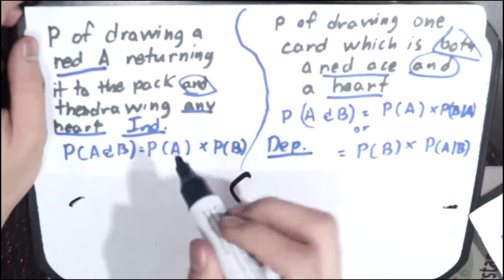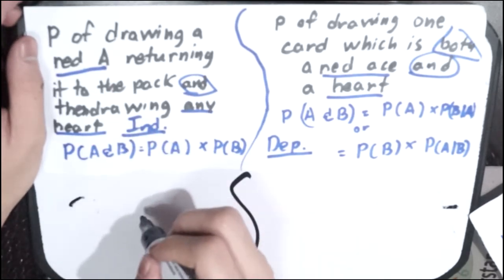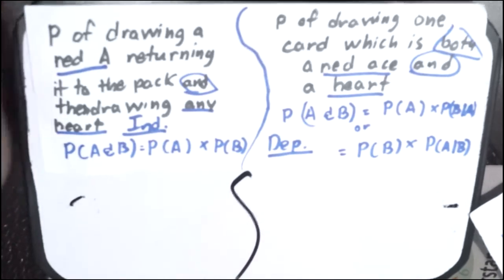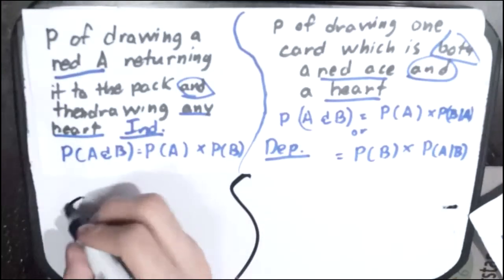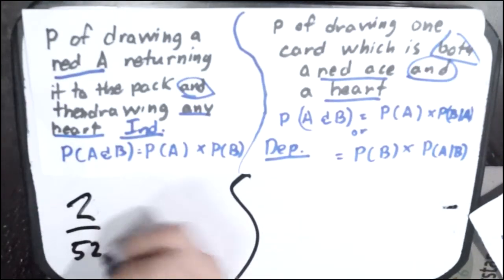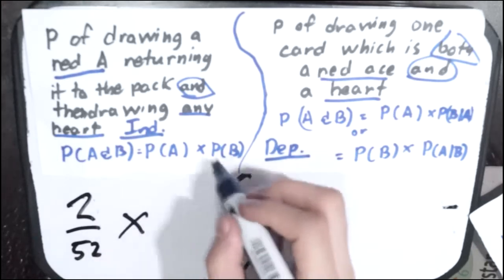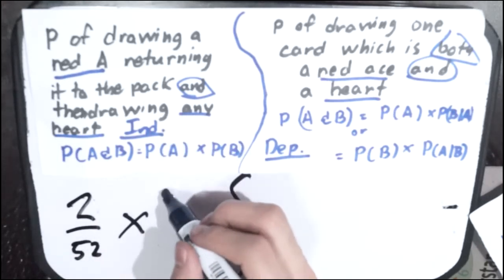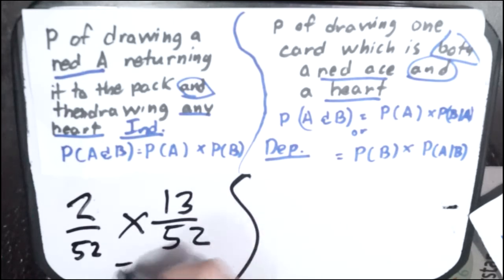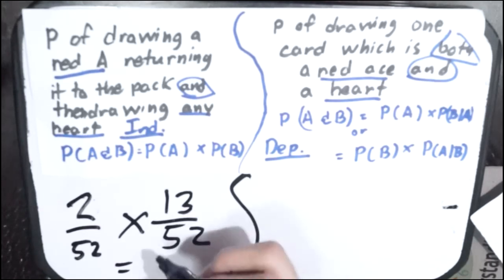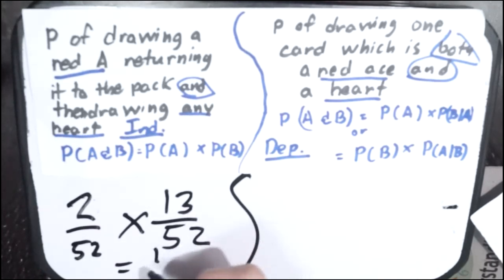So the probability of a red ace is 2 out of 52, ace of hearts and ace of diamonds, and then you multiply it with the possibility of B, any heart, which is 13 out of 52, and you get the answer of 1 out of 104.